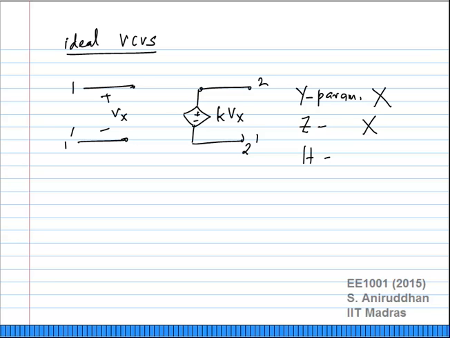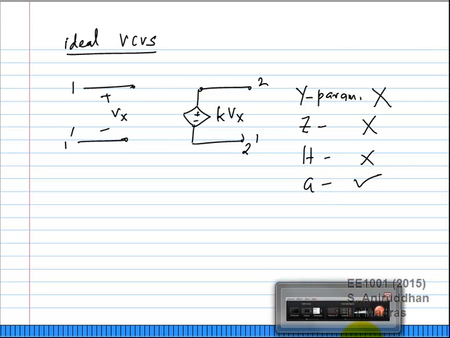Will they be suitable? No, they won't. Okay, you will find that H parameters are also not suitable, and only G parameters will be suitable for this particular case. Because if you take an ideal voltage controlled voltage source, it has an open circuit at the input and a voltage source at the output. So only one set of parameters will be suitable if you do not want any infinities.